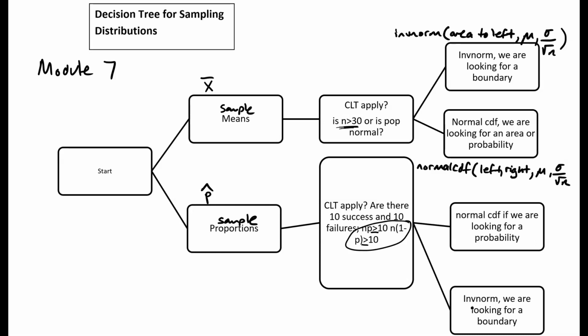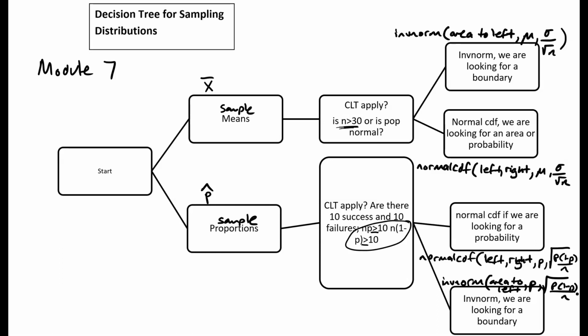With the distribution of sample proportions, normal CDF was the left bound and the right bound, then the mean, and the standard deviation was the root of p times 1 minus p divided by n. With inverse norm, it was again the area to the left, then the mean and the standard deviation, the root of p times 1 minus p over n.